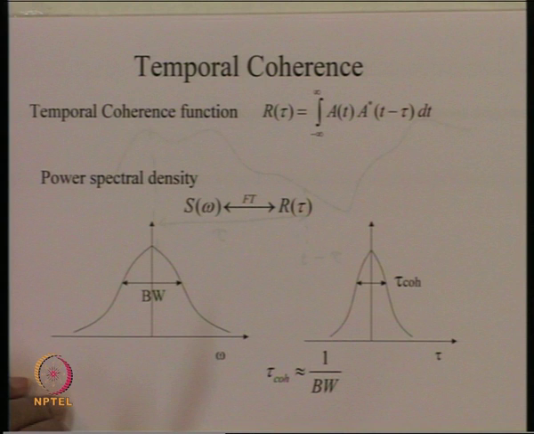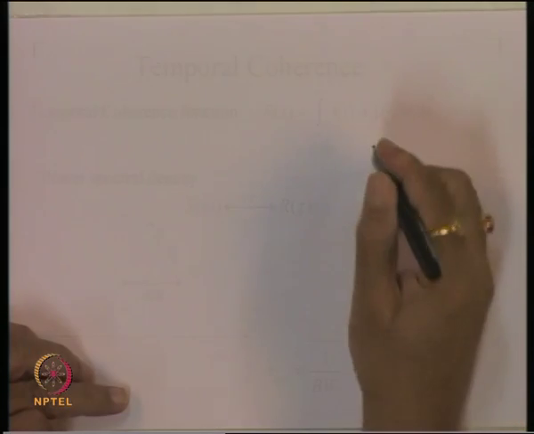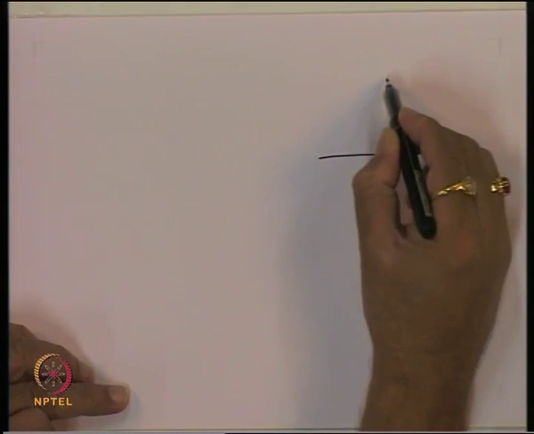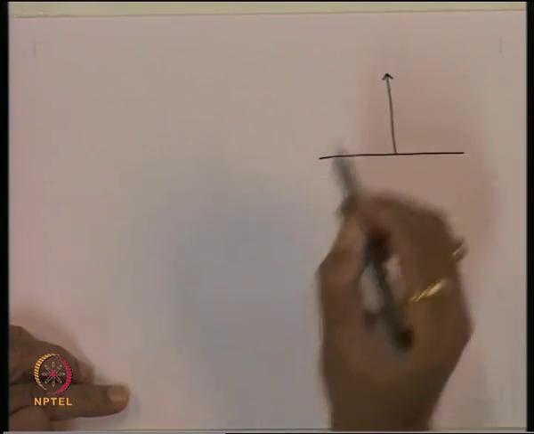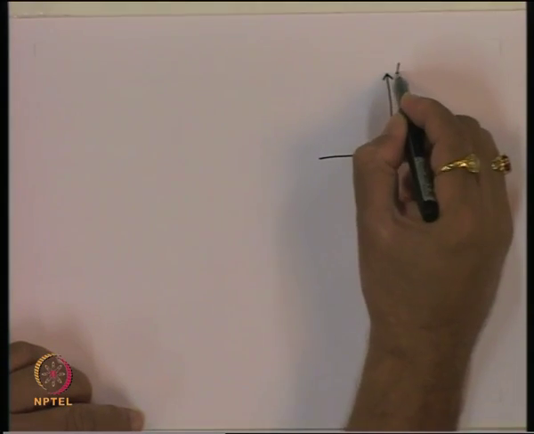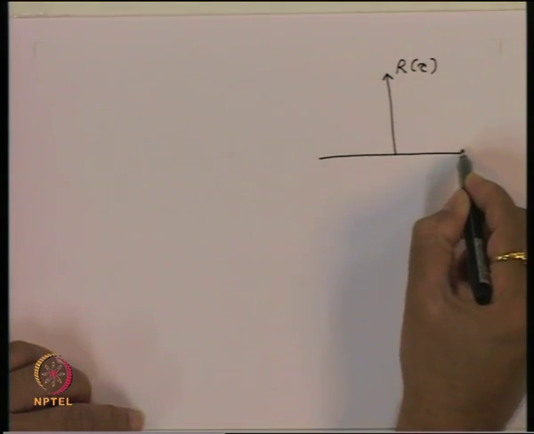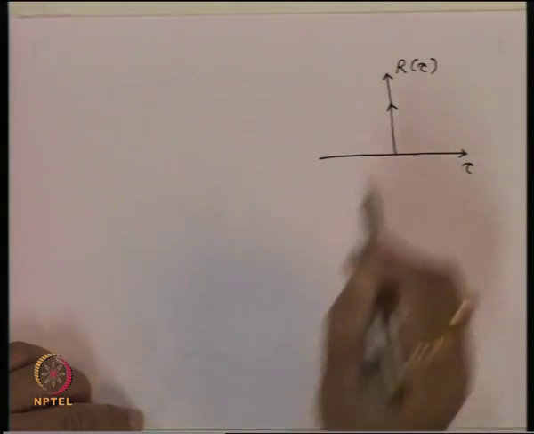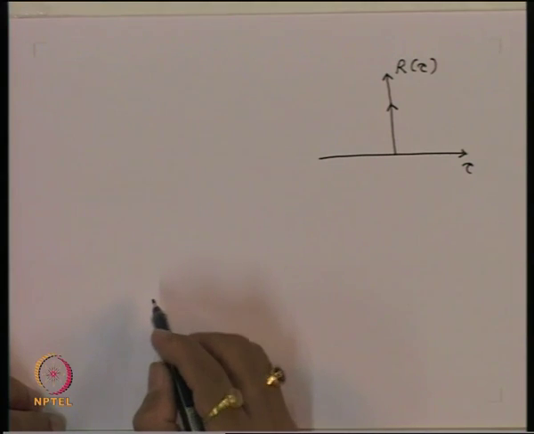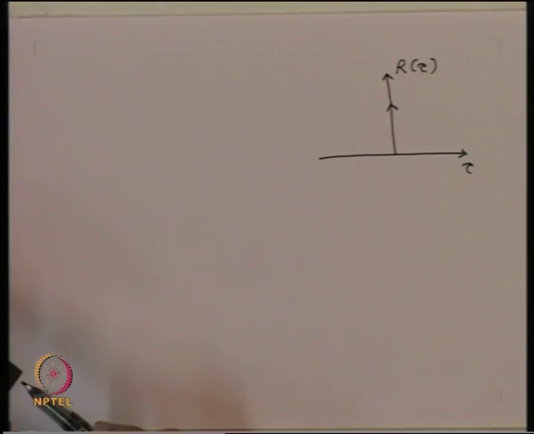If we consider the extreme cases of these two things, if I consider the tau coherence 0, that means if I plot this R of tau as a function of tau, and if this quantity is a delta function, what that means is that the signal is varying in such a way that every point is correlated with itself, but the neighboring point, no matter how small away it is, the correlation is going to be 0.